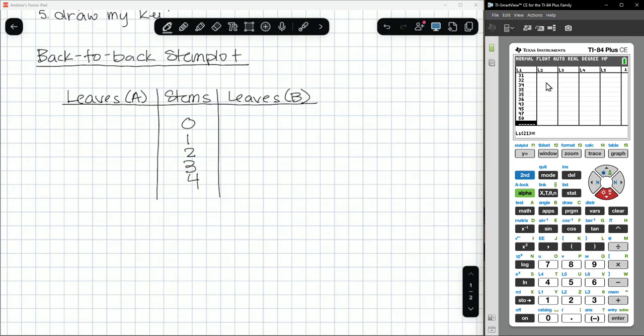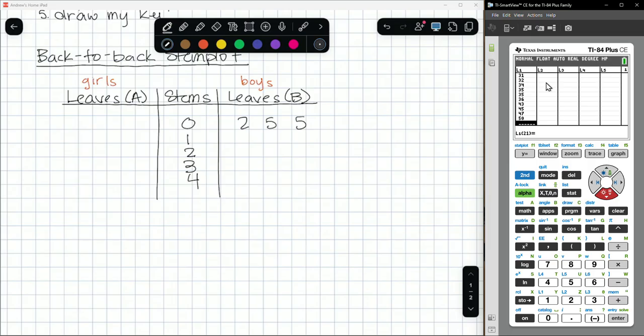So let's say I did this experiment with my stats students. I'm looking at the number of pairs of shoes that students own by how they labeled themselves, girls or boys. And so I might have 2, 5, 5, 3, 6, 7.